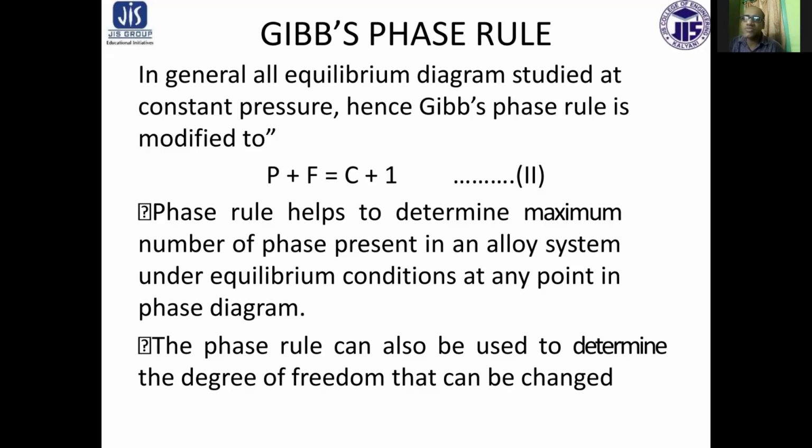Hence the Gibbs phase rule is modified into P plus F is equal to C plus 1. So that is the phase rule. This phase rule helps to determine the maximum number of phases present in an alloy system under equilibrium conditions at any point in the phase diagram. The phase rule can also be used to determine the degrees of freedom that can be changed.